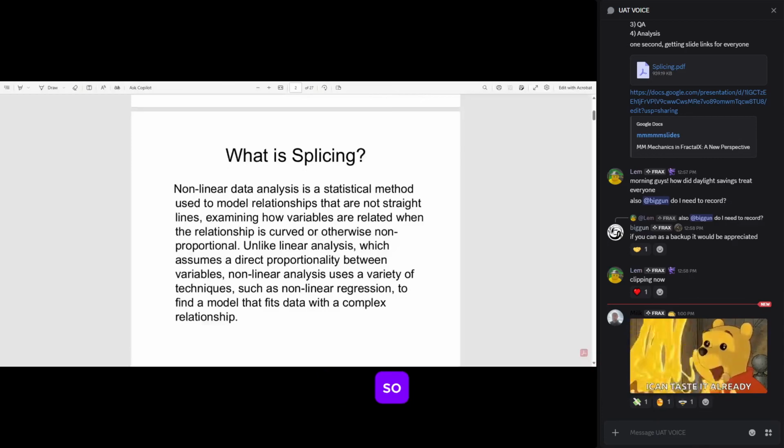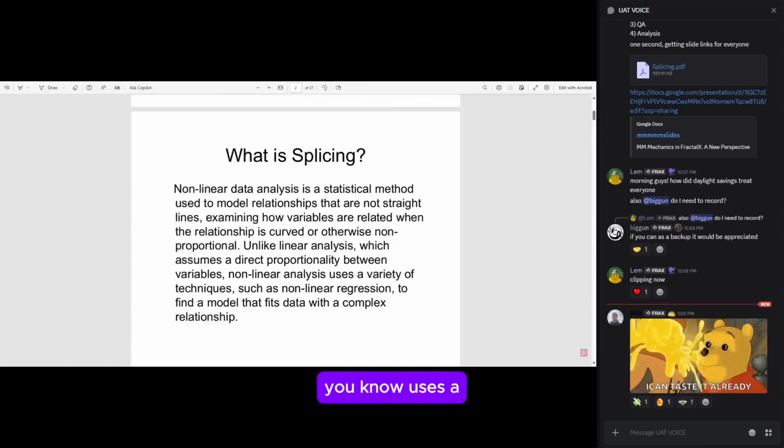But anyway, unlike the linear analysis, which is proportional between data points, the nonlinear uses a variety of techniques. The fundamental core part of this is the learning vector.